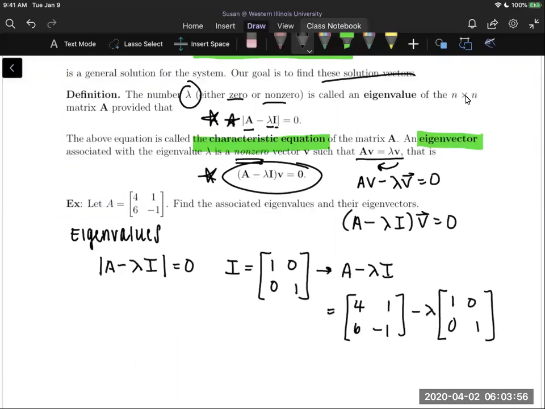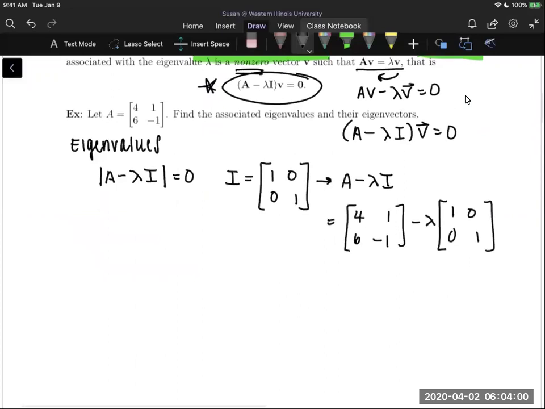And I will, in general, never show this step right here. What I'll do instead is I'll jump straight to the characteristic equation. And I'll say, okay, well, all that is the entry in A minus lambda along the diagonals.